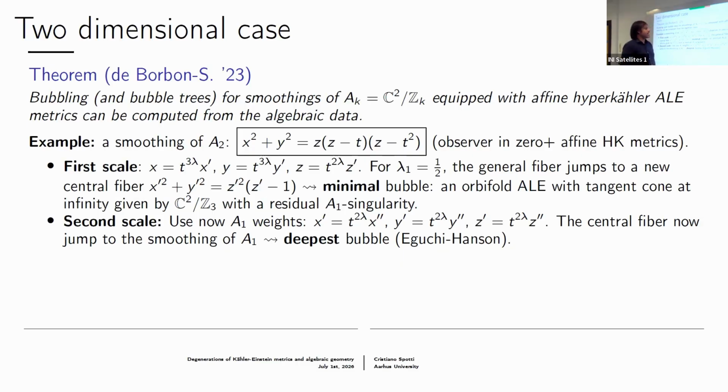And one can ask, for this family of standard gravitational instantons on the smoothing of a case singularity, whether we understand the bubble tree out of the equation of the smoothing of the variety. The answer is again yes. You can get it for a certain weighted rescaling, and the important thing is precisely the weight given by the normalized volume from before.